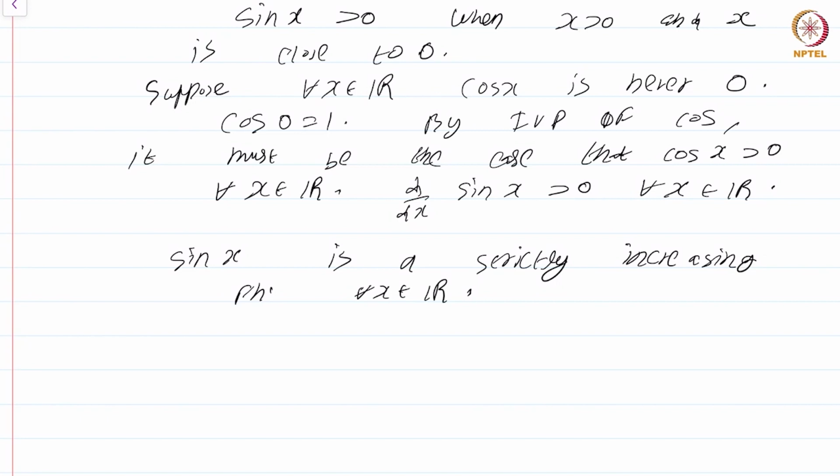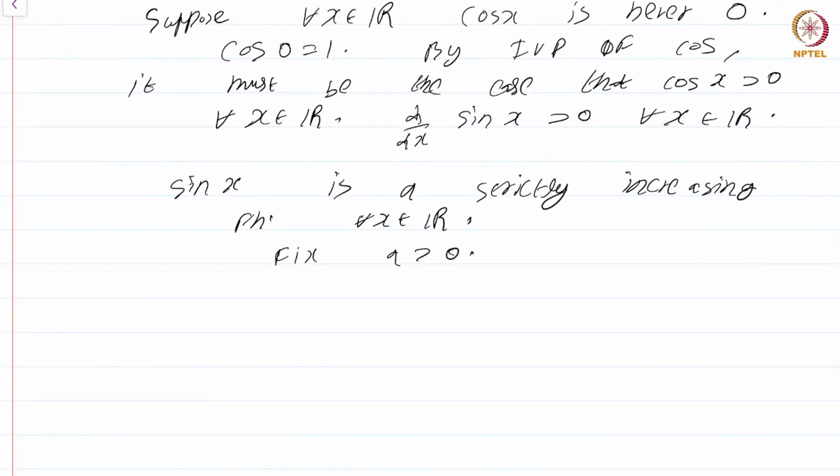Okay. So fix a greater than 0. We know that because cos is positive, 0 is less than cos 2a. Because we have just under the assumption that cos is never 0, cos is always positive, so 0 is less than cos 2a. But from the trigonometric identities that we saw last time, cos 2a is nothing but cos squared a minus sine squared a.